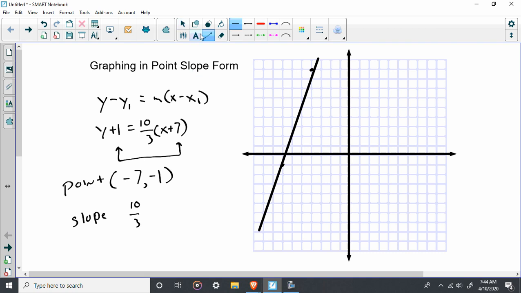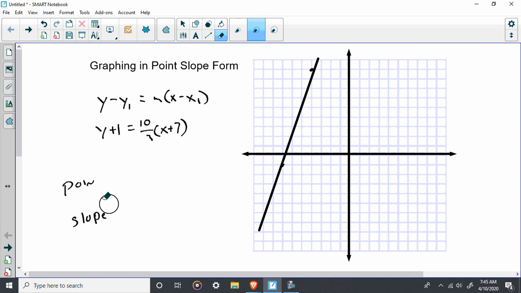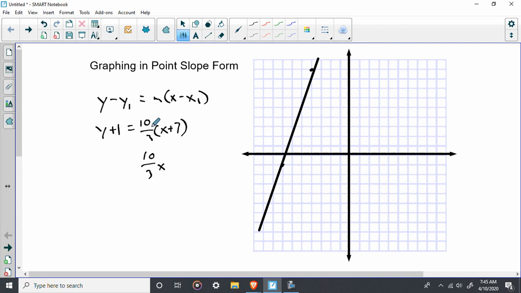If you were wondering why we couldn't just put it in slope-intercept form, I'll show you guys. If we want to put this in y equals mx plus b, which is what most of us are used to graphing in, if we distribute this 10/3, you're going to get 10/3 x, no problem there. And 10/3 times 7 is going to be plus 70/3. And so it's y plus 1. Could you subtract 1 from this?